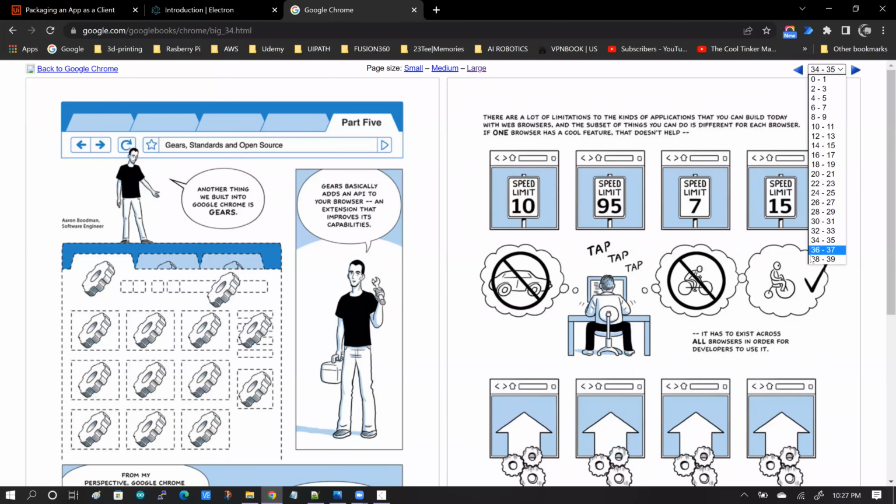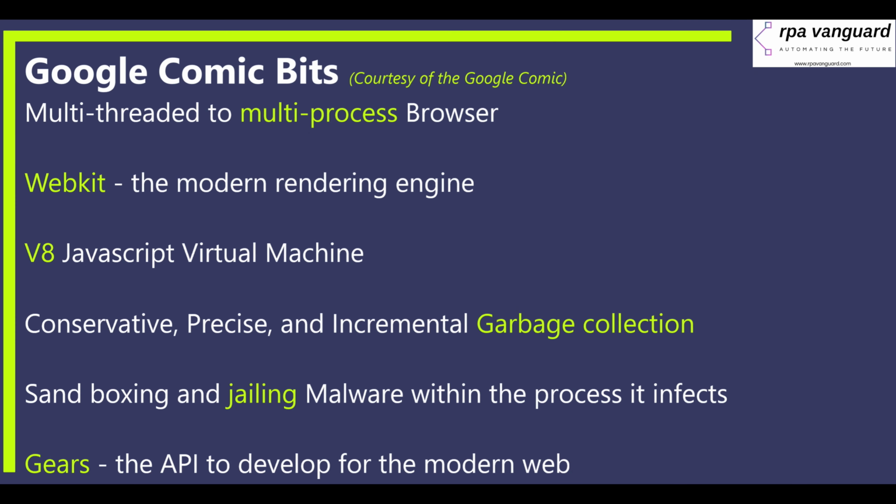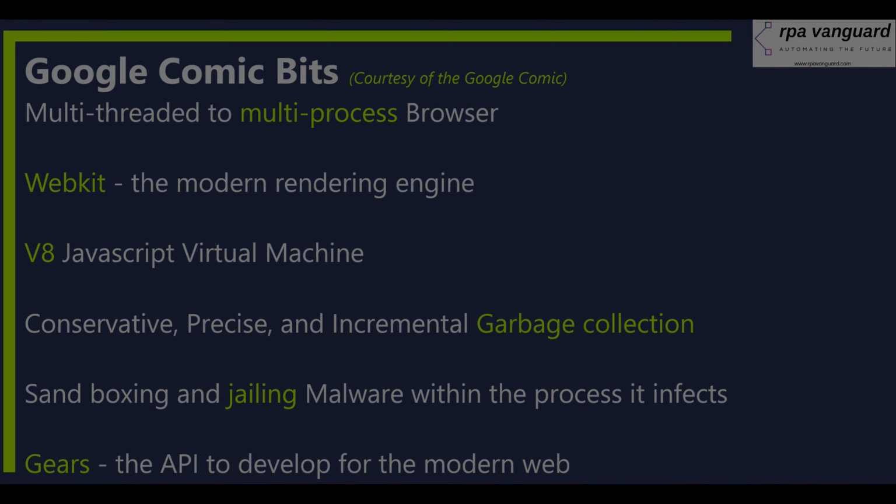It's about 40 pages long, but it's fun to read. I'm going to list out some of the points that I gathered from reading it, and I really don't want to get into the details and spoil the fun for you guys. So I would love for you to go and read this. Here are some of the topics that I came across. It will give you an overview of how Google built their browser for the modern web.